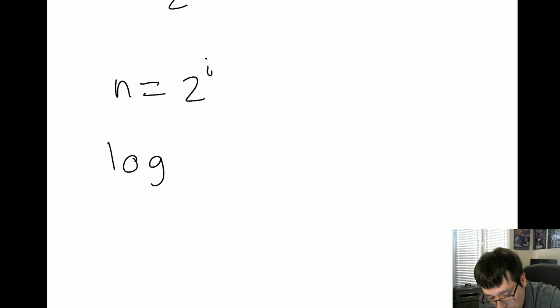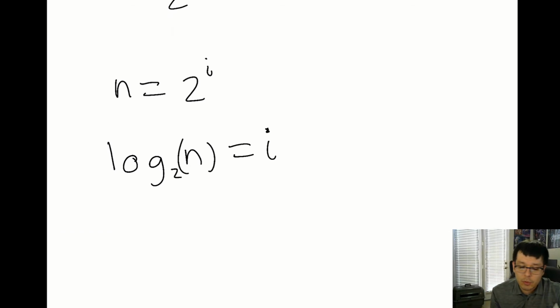Well, this is literally just saying what log of n is equal to, right? Log base 2 of n is equal to i. That's the same thing, because what we're saying is, 2 to what power is equal to n? Well, log of something is basically asking, what power do we need to get this, i.